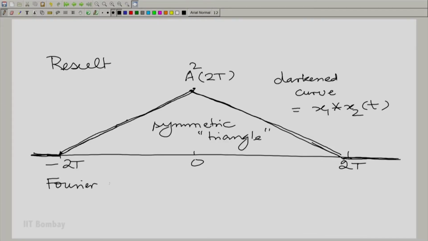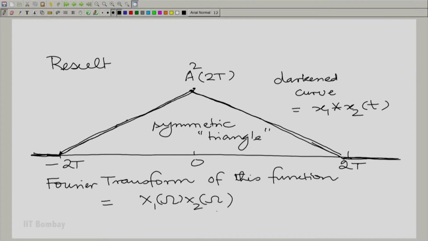The Fourier transform of this is simply the product. So, it is X1(omega) into X2(omega), and that is essentially the square of X1(omega), because both of them are identical. So, it is 2T into A sin omega T by omega T, the whole squared, as simple as that.